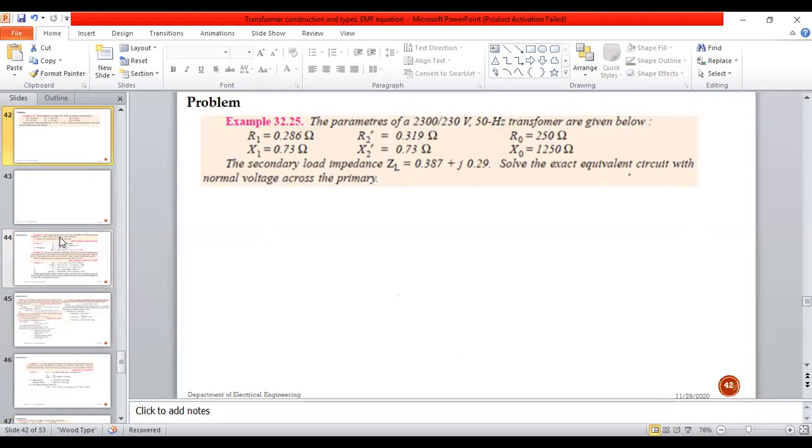R1, R2 dash, R0, X1, X2 dash and X0 are given. And again the secondary load impedance ZL is also given. We want to calculate the equivalent circuit with normal voltage across the primary.